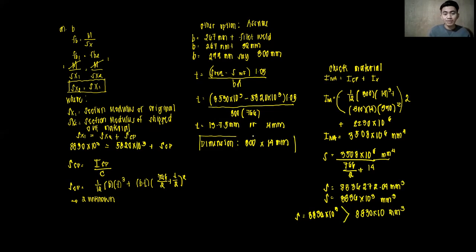So this will be now our final dimension for our design. So ito na yung gagamitin natin as our design now for problem number 2. However, for this method, kapag alam nyo si thickness, you can utilize this method. If you know the thickness, you can utilize this method to solve for the base. Okay? Now, so lagay natin dito, this one now is safe.